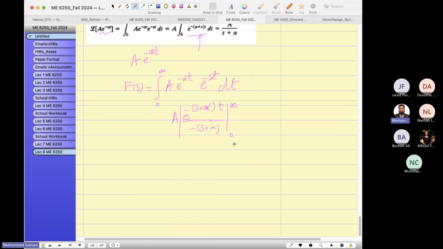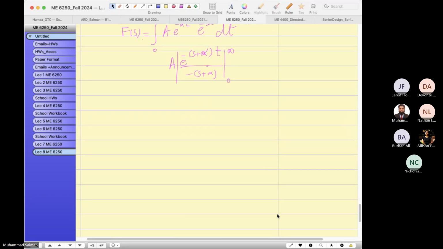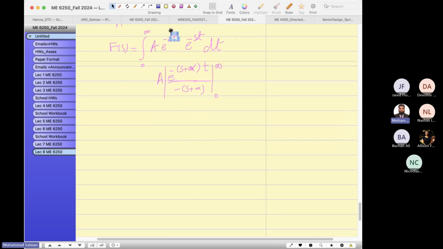So if you plug in the upper limit in place of t, e to the negative s plus alpha times infinity, minus e to the 0, correct? So e to the negative infinity is 1 over infinity, which is 0. So I would write down here 0 minus e to the 0. Anything to the exponent 0 is 1, correct? So it is 1, and this negative sign is multiplied by this.